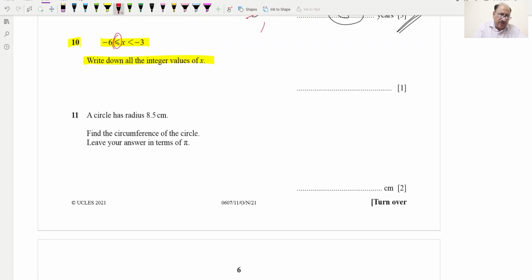Minus 6 is also included, so we'll start with minus 6, then minus 5, then minus 4, and minus 3 is not included because this inequality does not have an equal to sign, so we'll not take minus 3. So our answer will be minus 6, minus 5 and minus 4, and this is a 3 mark question which we are done.